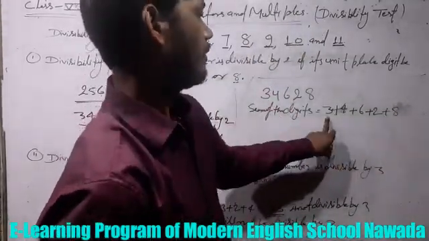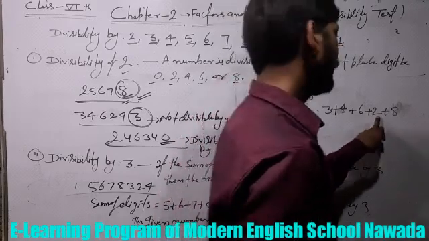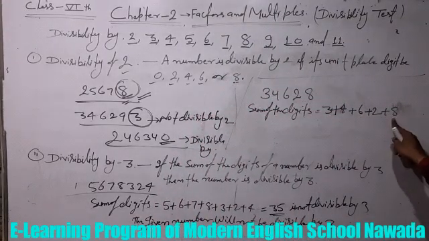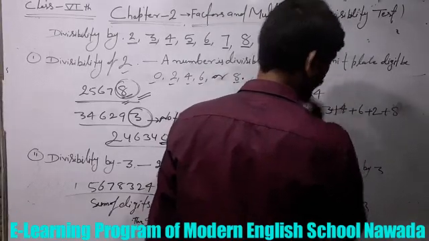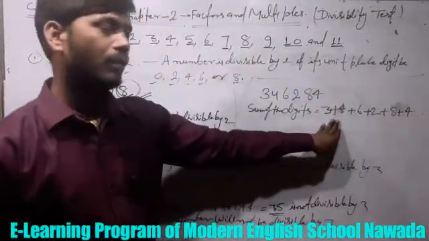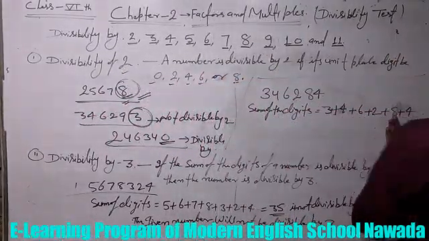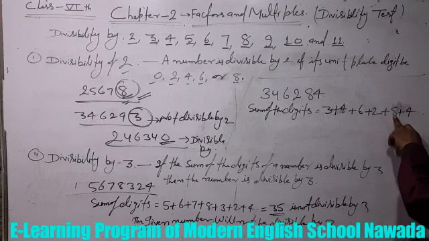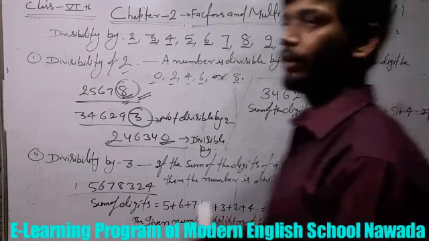The sum is 2 and 6 is 8, 8 and 3 is 11, 11 and 4 is 15, 15 and 6 is 21, 21 and 2 is 23, and 23 and 4 is 27.